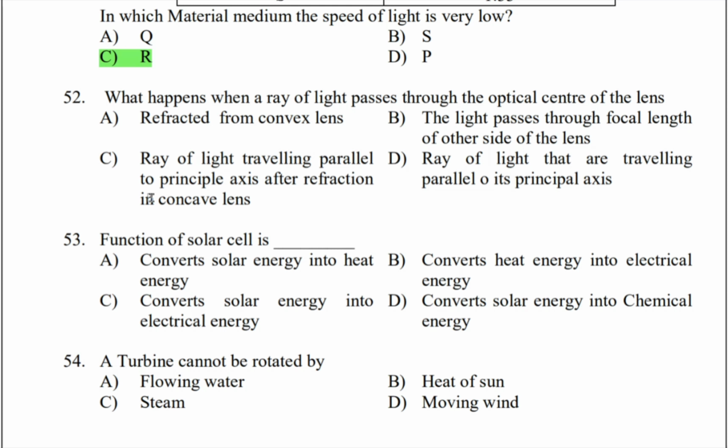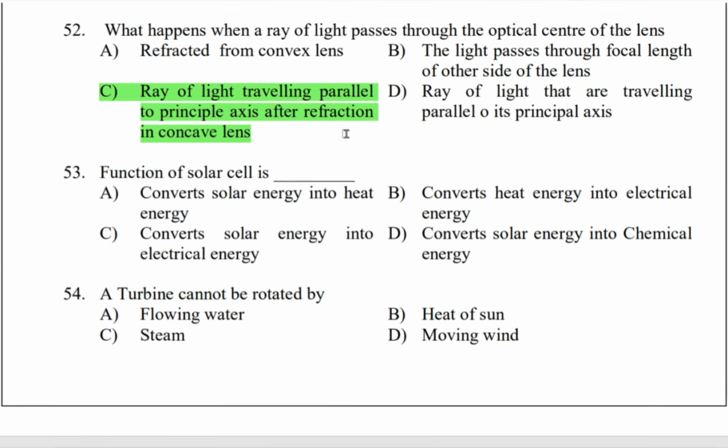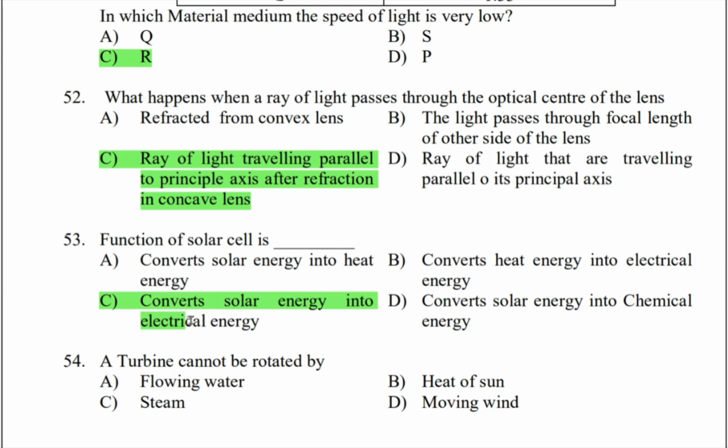Out of all 4 options, the correct option is a ray of light traveling parallel to principal axis after refraction. Therefore, the correct answer is option C, ray of light traveling parallel to principal axis after refraction in concave lens.